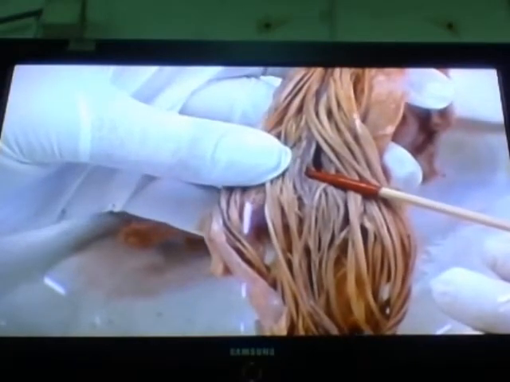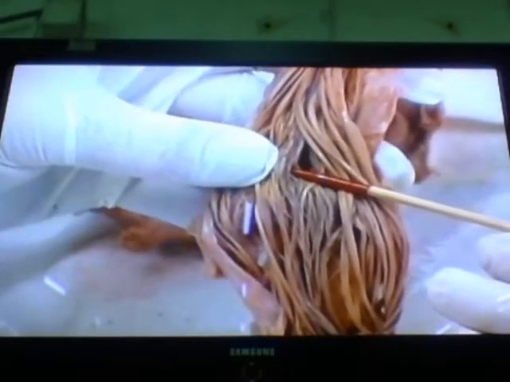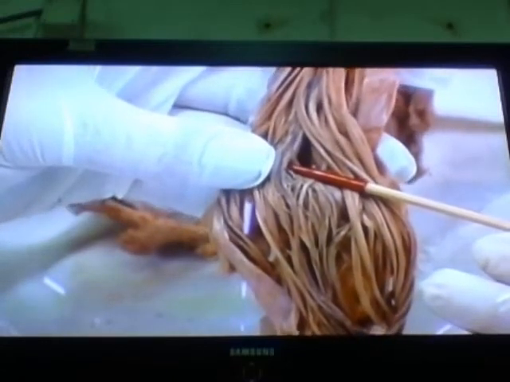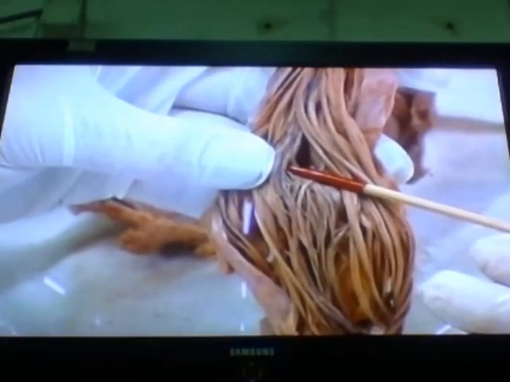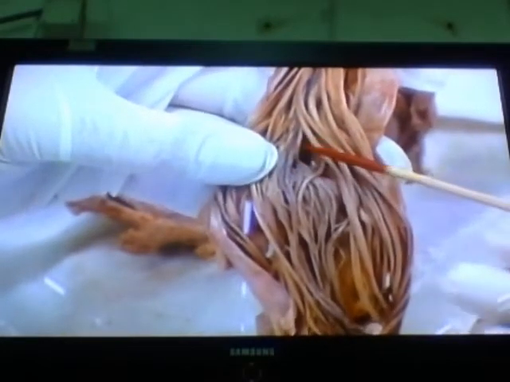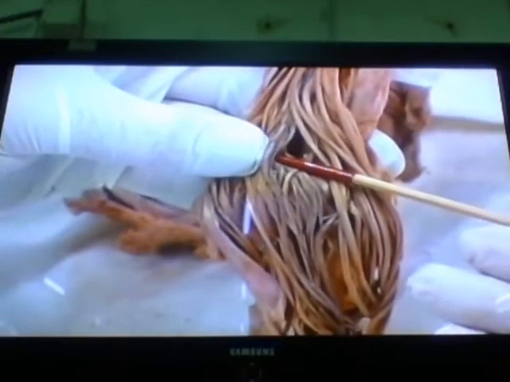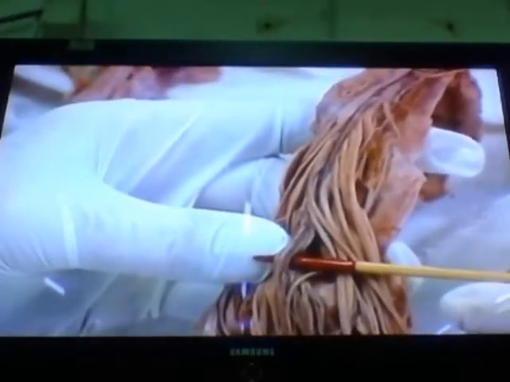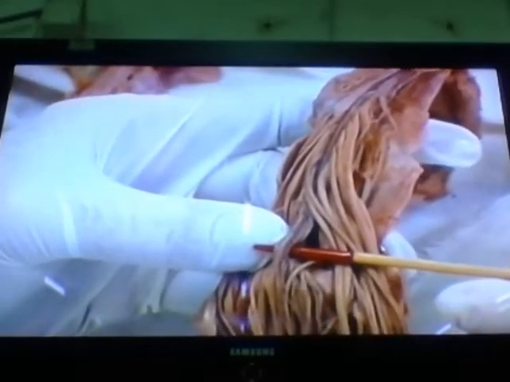There's a little tiny terminal cistern in the conus medullaris. So the central canal just sort of dilates to give you a little terminal cistern in the conus medullaris here. The tip of it, remember, is going to be at the intervertebral disc between L1 and L2.